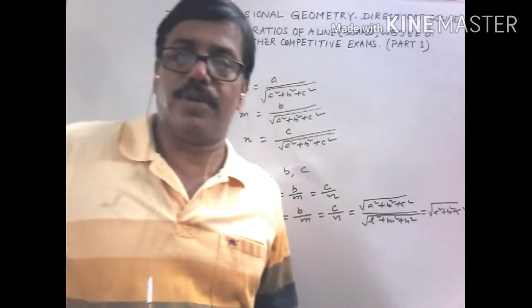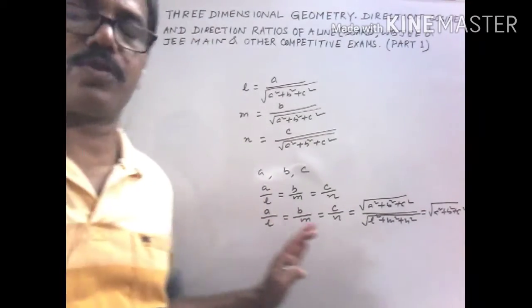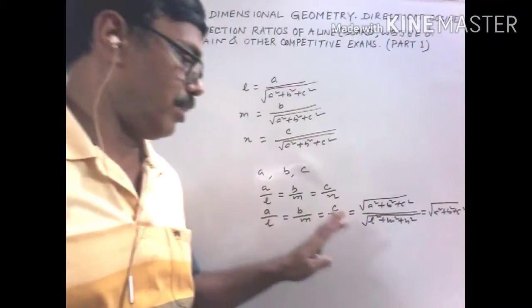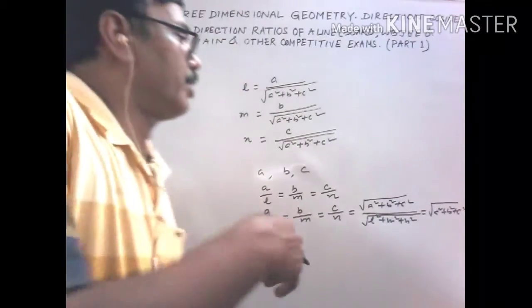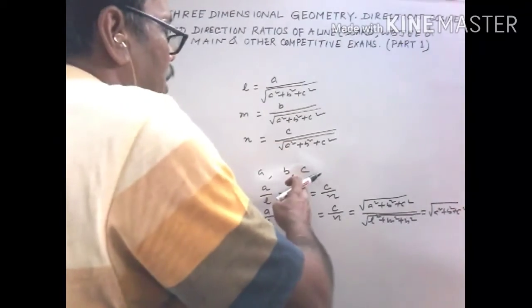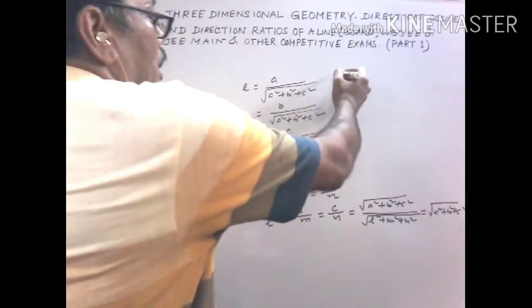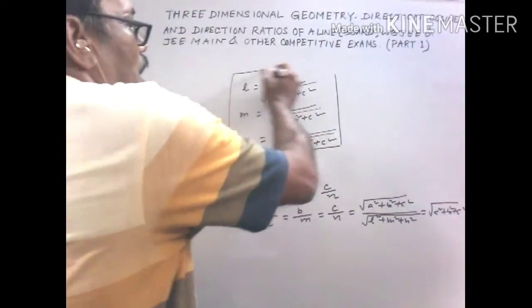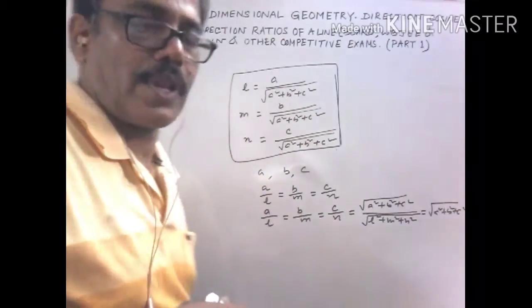So if the direction ratios A, B, C of a line are given, we can find the direction cosines by this formula.